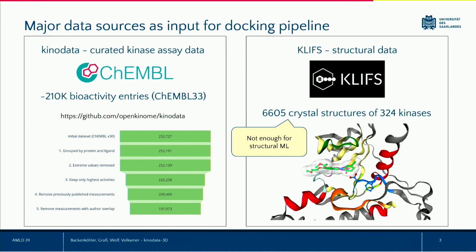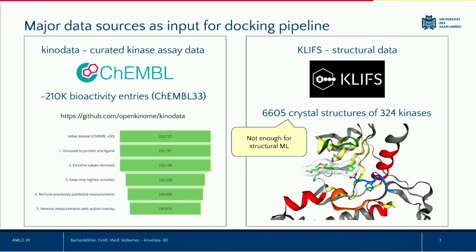In terms of kinases, we have about 220,000 entries there, but these entries are already curated down. We start out with a bit more, but after doing some data cleaning, getting rid of duplicates and stuff like this, we end up with around 200,000 cleaned actives in this data source.